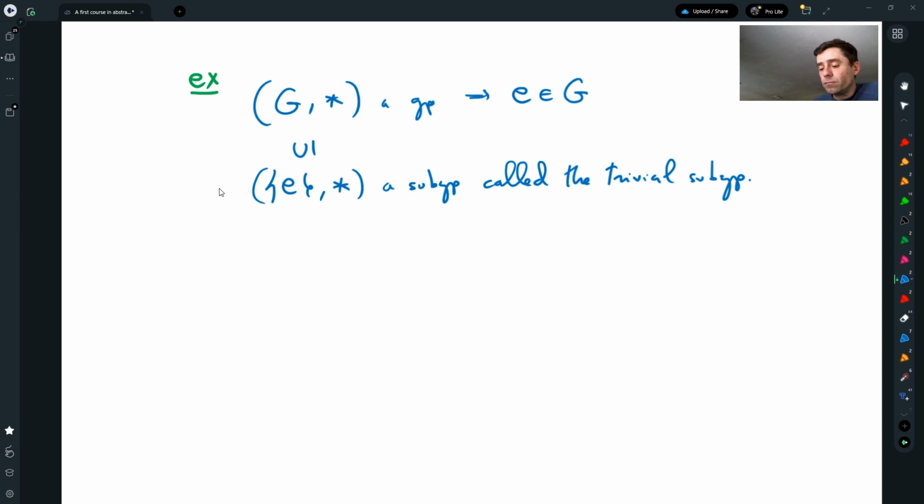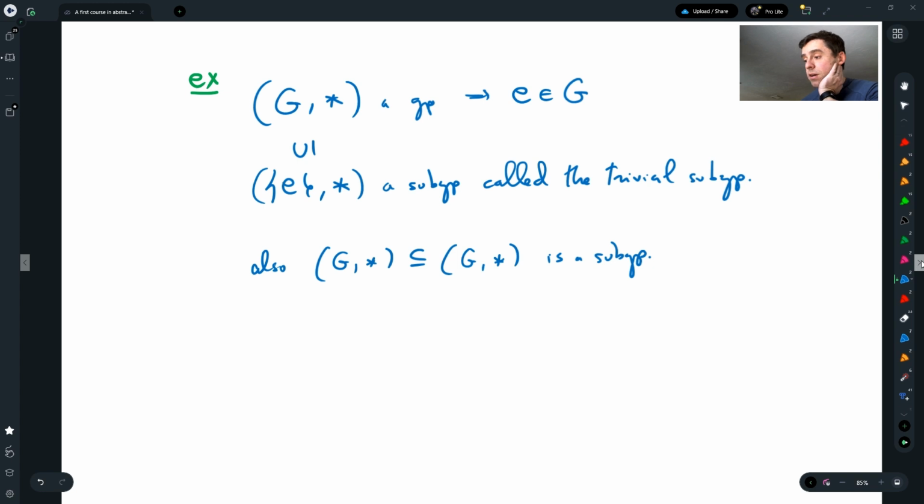Similarly, G is a subgroup of G. We never assumed that H was strictly contained in G. So G itself is a subgroup.